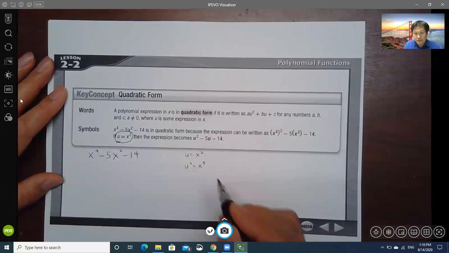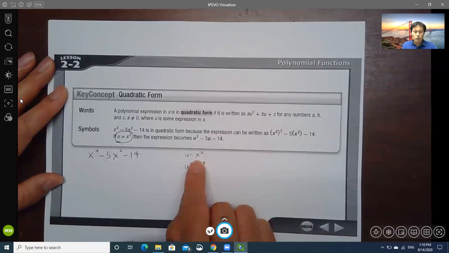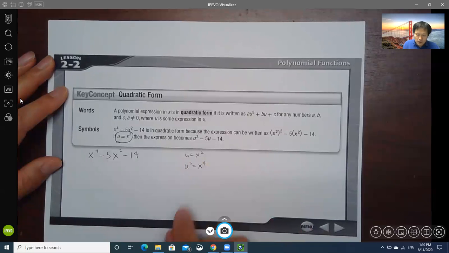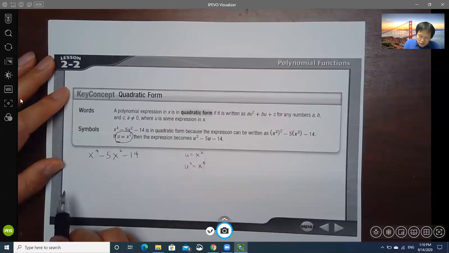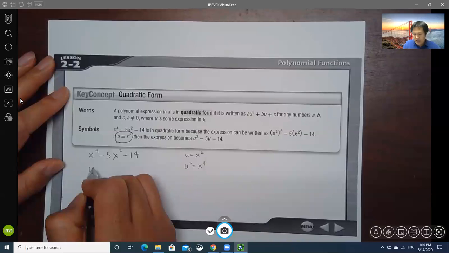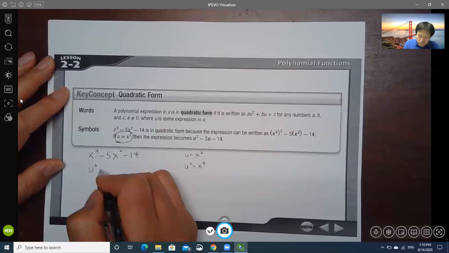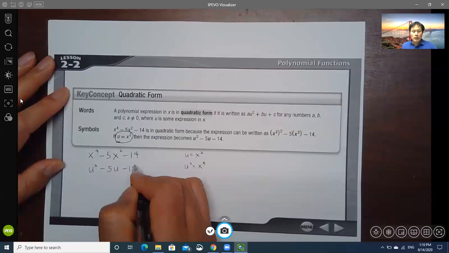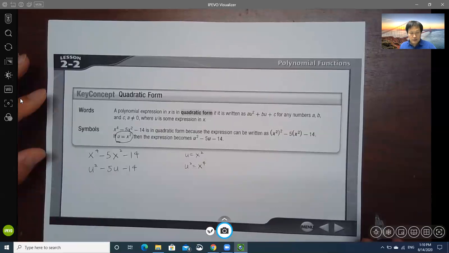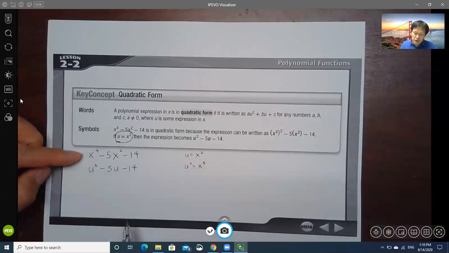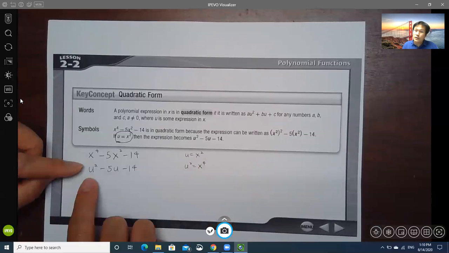If you square left and right, it becomes u squared equals x to the 4th. What does that mean? x to the 4th is the same as u squared, x squared is u. So u squared minus 5u minus 14. By substituting x squared with u, you can rewrite it into this.